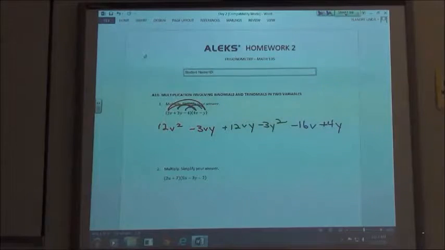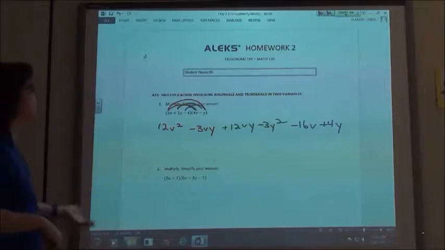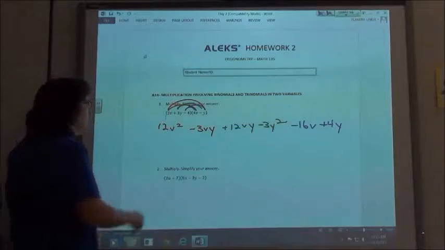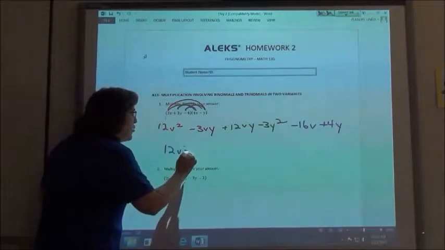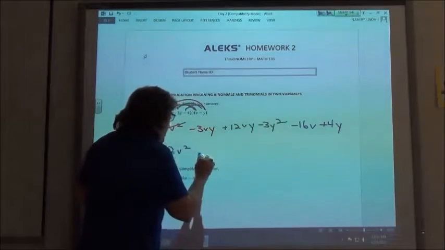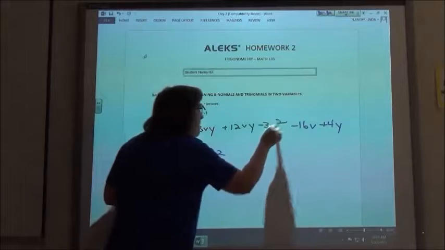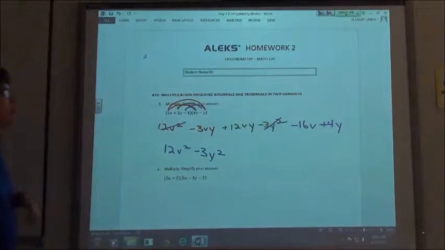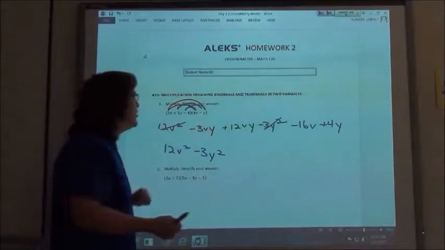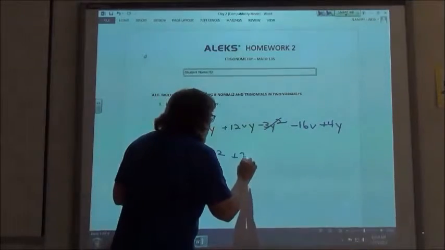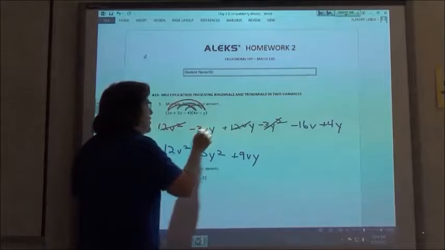Now when they put the answer in, they're going to put it in descending order. Not that it really makes a difference, but they'll start with the highest exponents first. So they've got the 12v squared and the minus 3y squared. Then they're going to do the one with two variables, which is still second degree. Negative 3vy plus 12vy would be 9vy, combining my like terms.